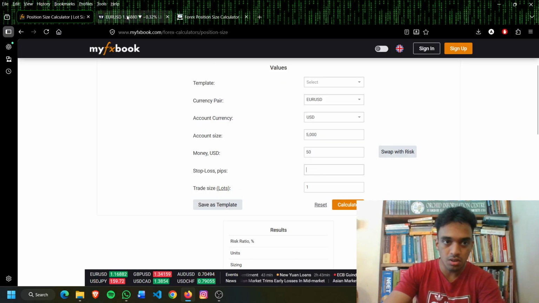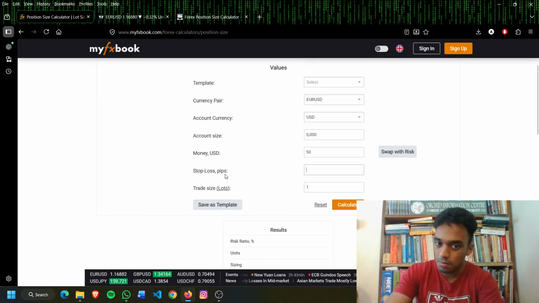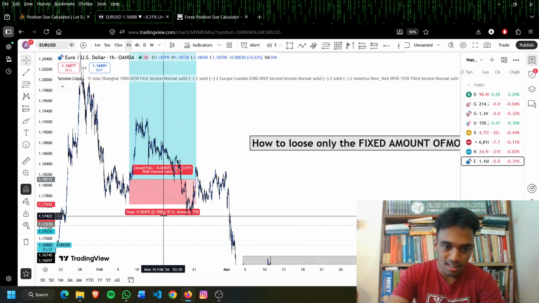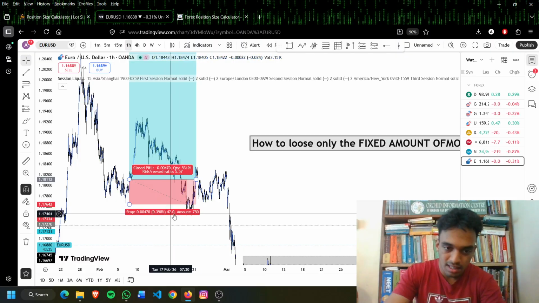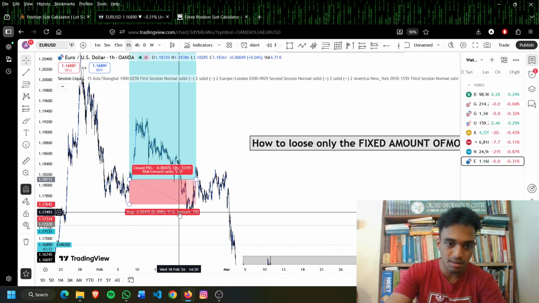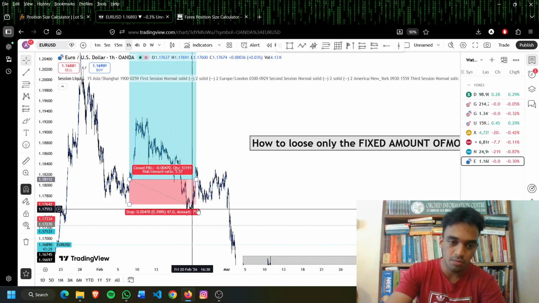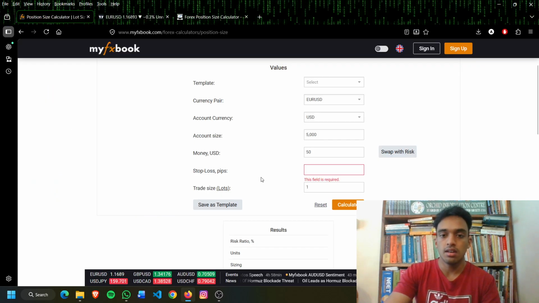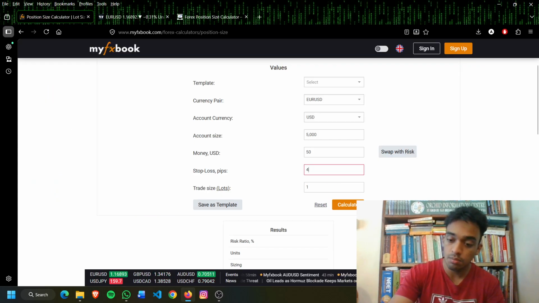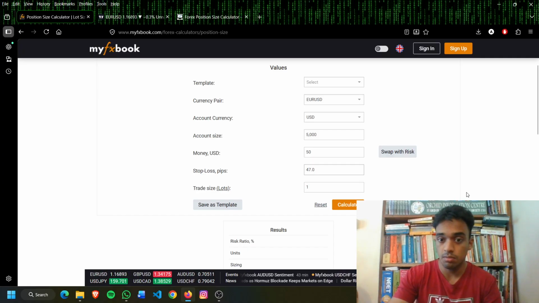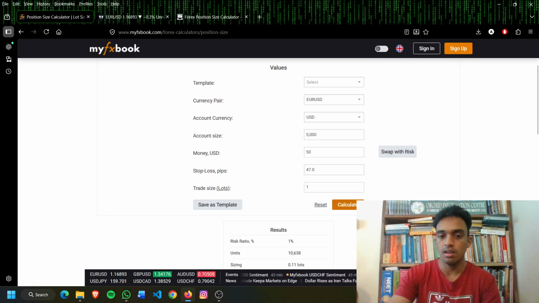The stop loss is entered in pips. This is what I was telling you: see the amount just beside the bracket, say 47.0. That is the number you have to put. Even the point value matters a lot. Put this and then calculate.